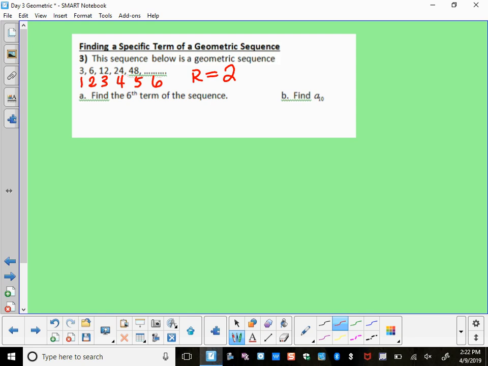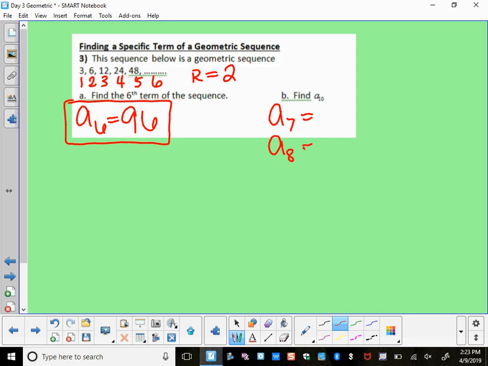So find the sixth term of the sequence. What's my sixth term going to be? My fifth term was 48. We said that my ratio was 2. 96, good. They want me to find the 10th term. Well, first I have to find previous terms.